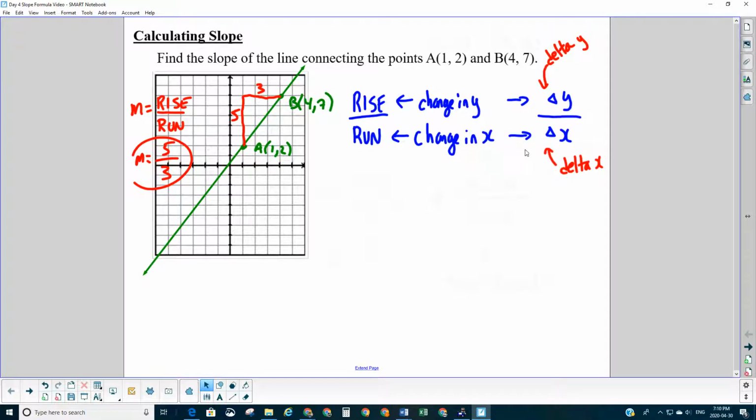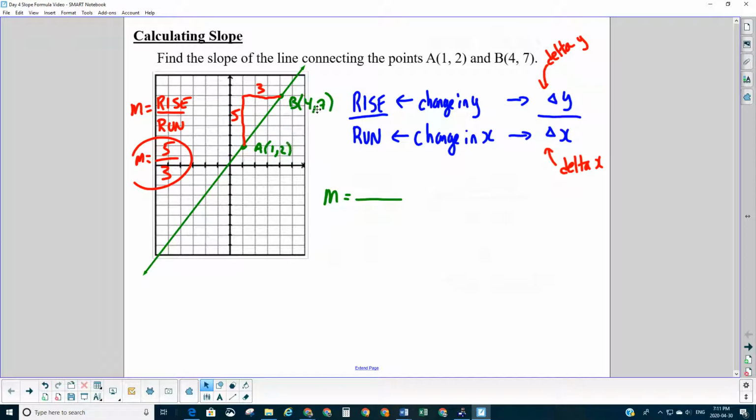But this concept of calculating the change in y and the change in x is going to lead to a formula that's going to be very handy. So let's really dive into where this 5 comes from. It is the rise, but to calculate it, look at the y values. The y value starts at a 2 and goes to a 7.